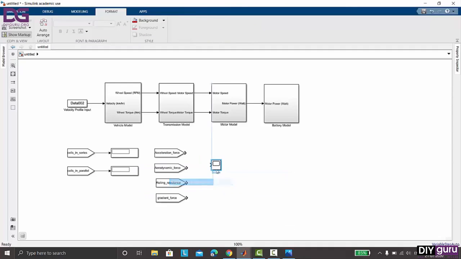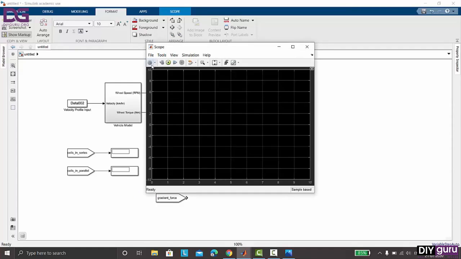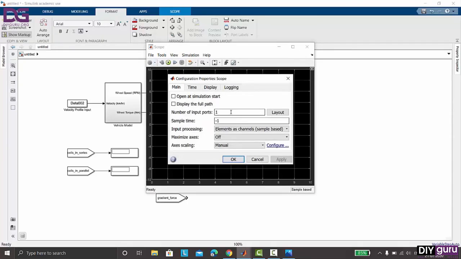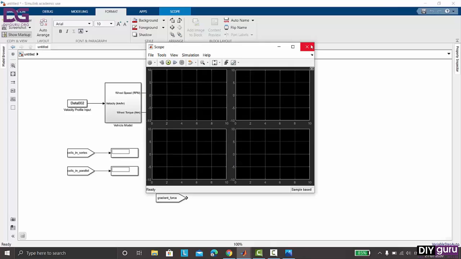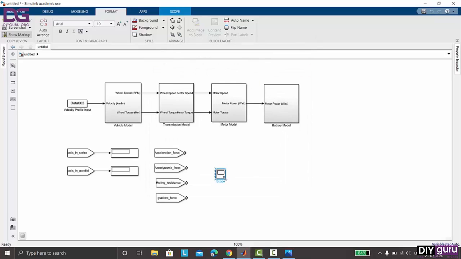Add one scope block for displaying the graphs. Double click on the scope block, go to the settings, give number of inputs as 4 and change the layout as 2 by 2 matrix. Apply and close it.